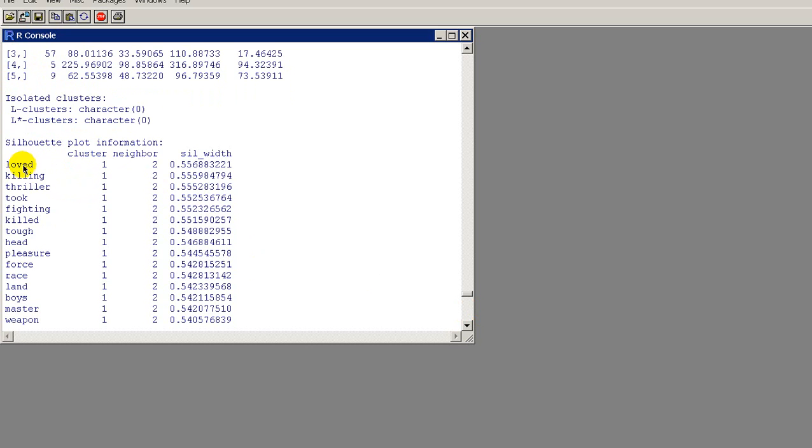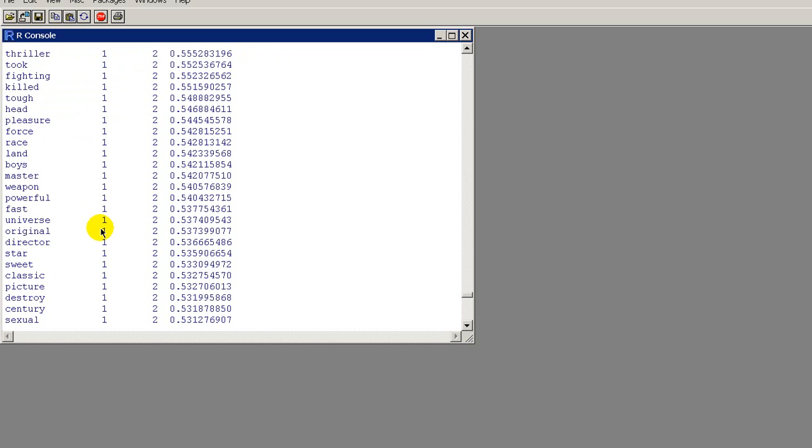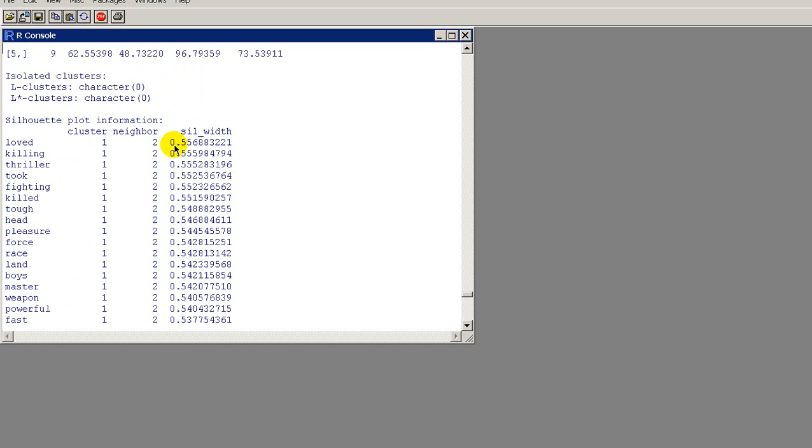So here's another presentation of the same thing. First, we're listing all the words that have been put into group 1, cluster number 1. I don't know what neighbor means, actually.